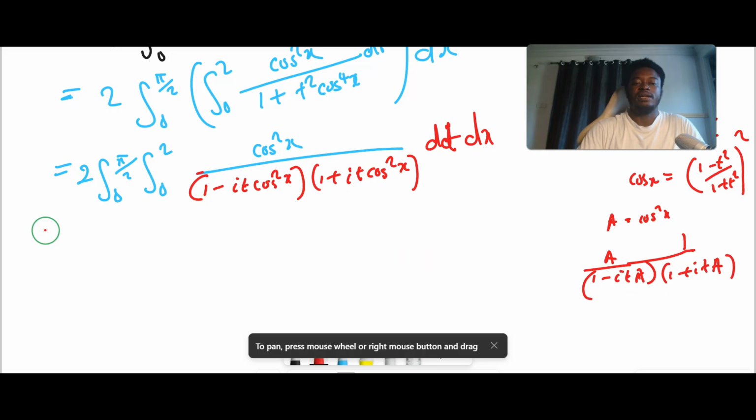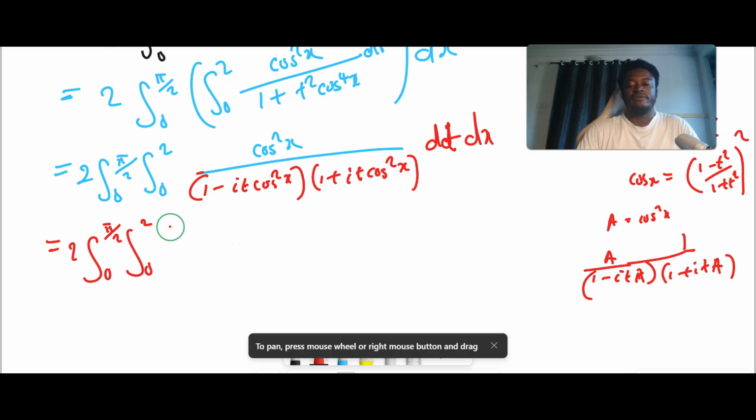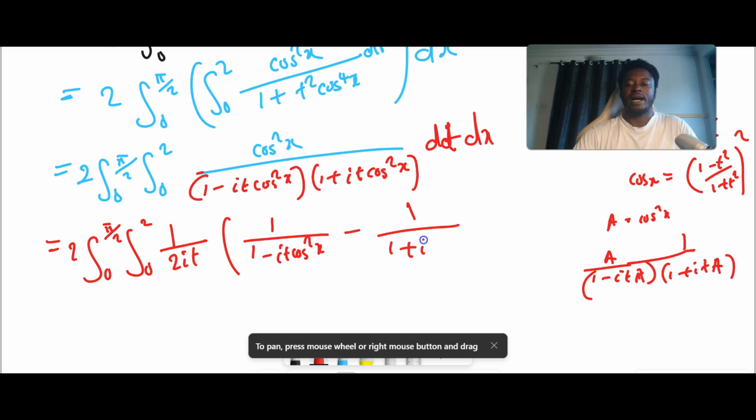So if you do that, you would have the integral from 0 to pi over 2 times the integral from 0 to 2 of, first of all, you factor out 1 over 2it. Then in here you will have 1 over 1 minus it cosine squared x, and then minus 1 over 1 plus it cosine squared x.